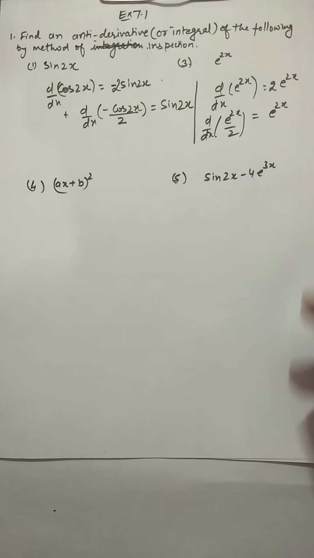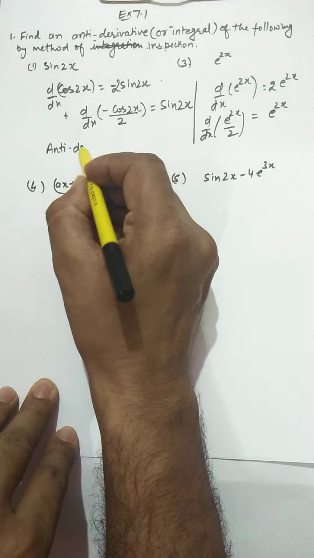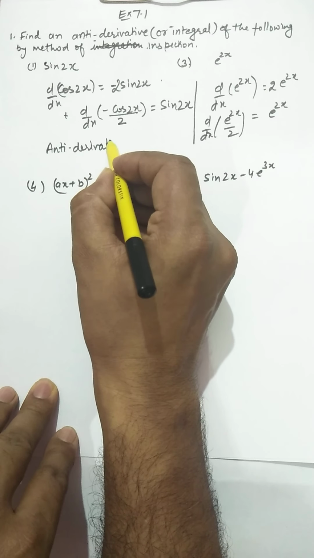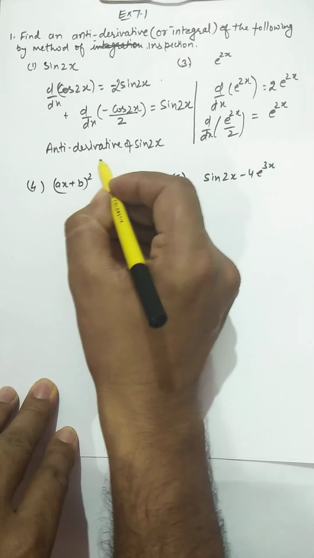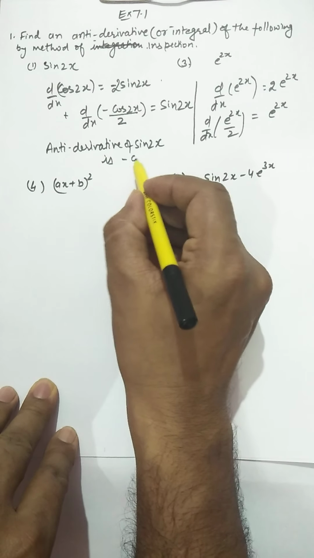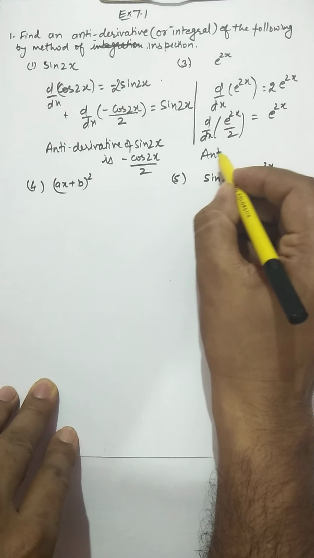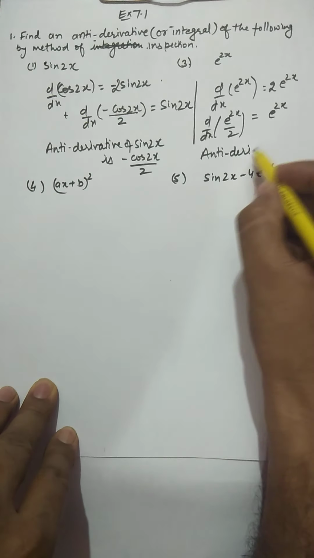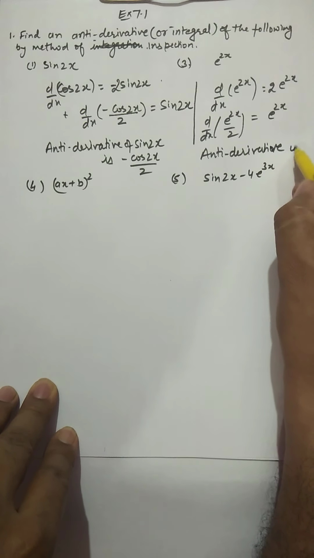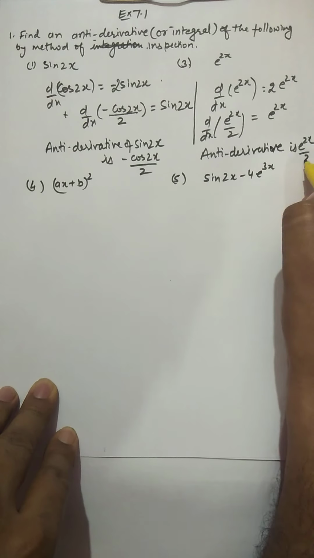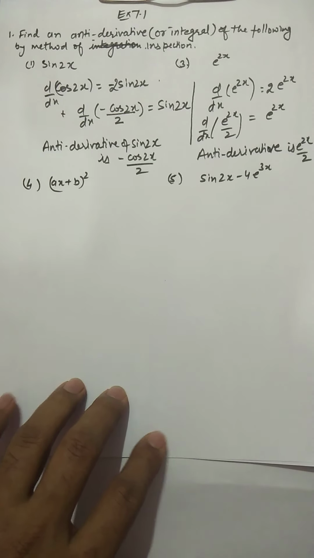So it means the antiderivative of sine 2x is minus cos 2x upon 2, and here the antiderivative is e2x upon 2. So this is just how you can observe and write the antiderivatives.